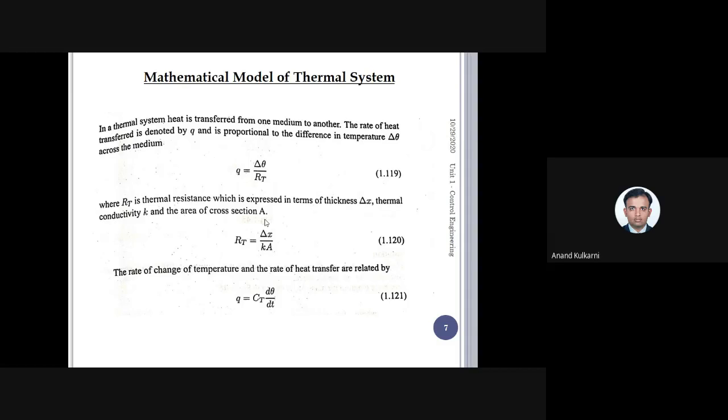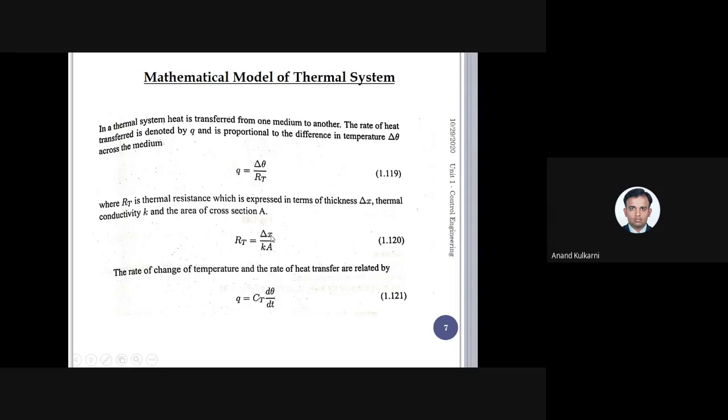The thermal conductivity of the material was known, or you used to find the thermal conductivity, and you knew the diameter. So the same concept we are applying here. Heat transfer is equal to temperature difference divided by thermal resistance. So what is thermal resistance? Delta X divided by K into A.